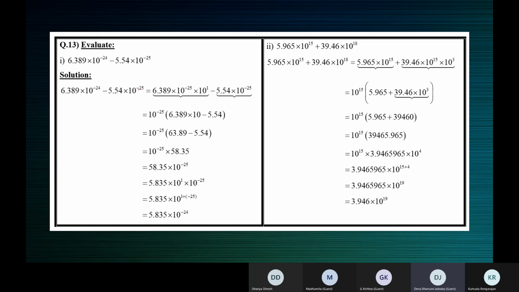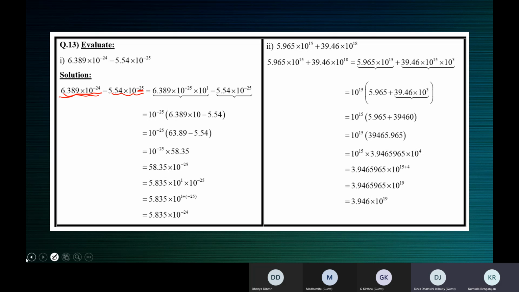Either introduce minus 25 in the first one, or we have minus 24 here, introduce minus 24 in the second one. That is, both the expressions must have the same power. You cannot change their values. You should see to it that both the expressions have the same power, minus 24 or minus 25.